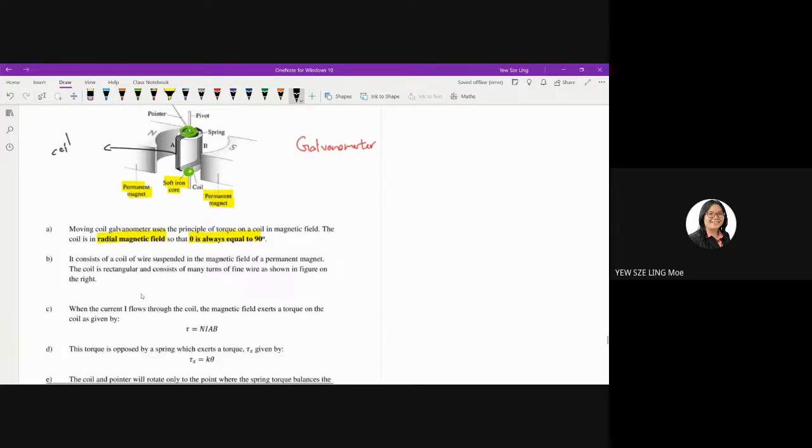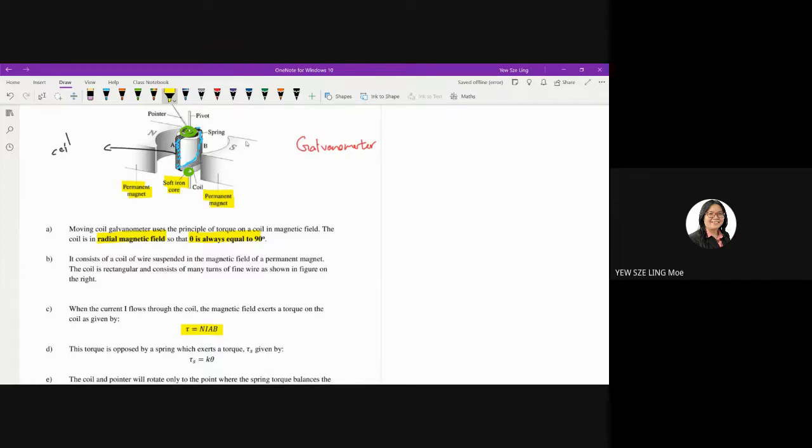When current flows through the coil, the magnetic field will exert a torque on the coil. So this coil will experience a torque and makes it rotate. The value of the torque is given by torque equals NIAB.